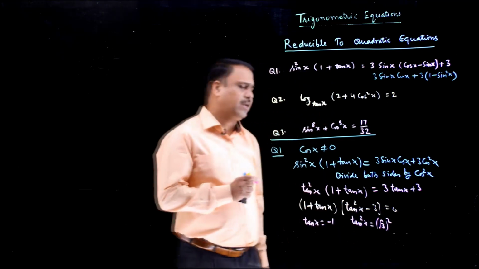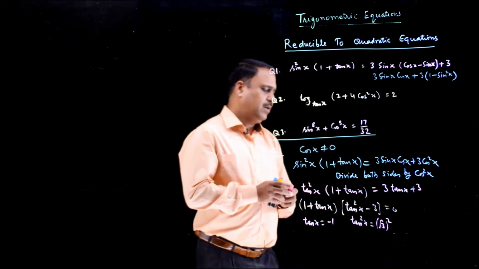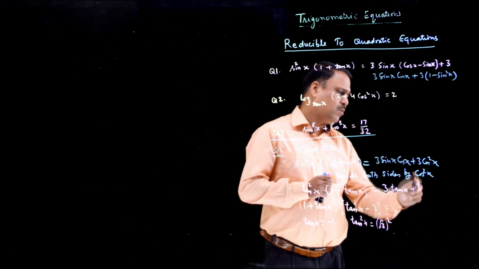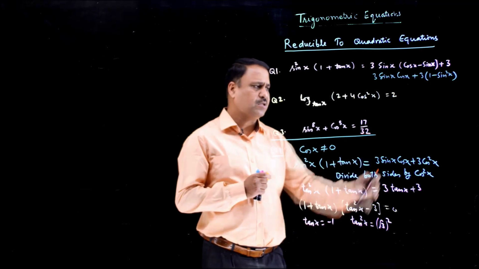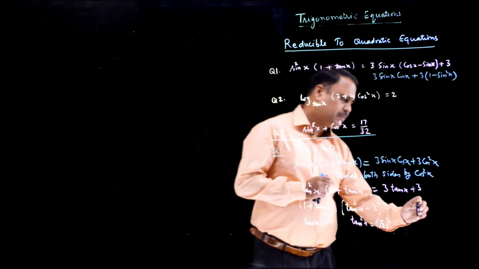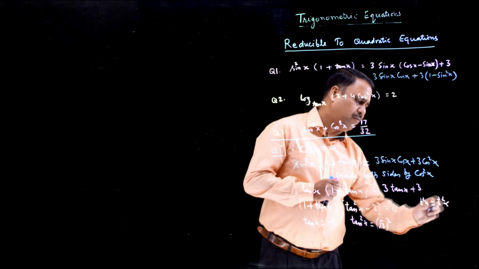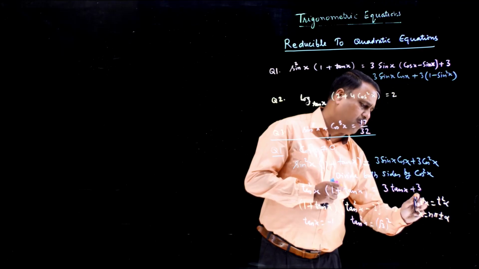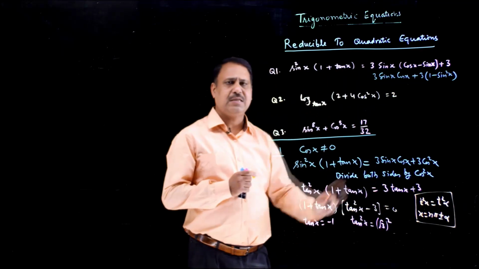Tan square x is equal to tan square alpha. What is the solution here I am using? If sin square x is equal to sin square alpha, tan square x is equal to tan square alpha, or cos square x is equal to cos square alpha, then x is equal to n pi plus minus alpha. In all the three cases, our answer remains the same.